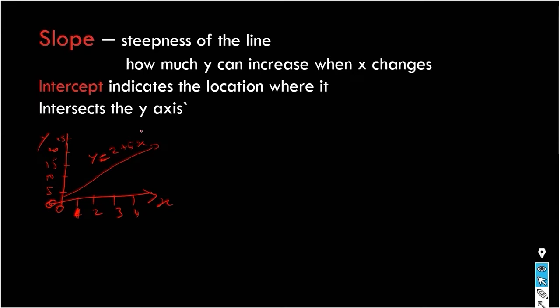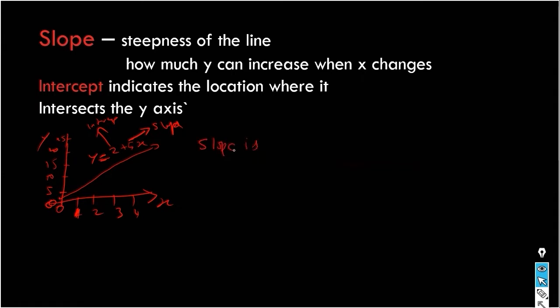And this is your intercept. The 2 is somewhere here. The intercept value is 2 because the line touches the y-axis at 2. So in 2 plus 5x, the slope is 5.